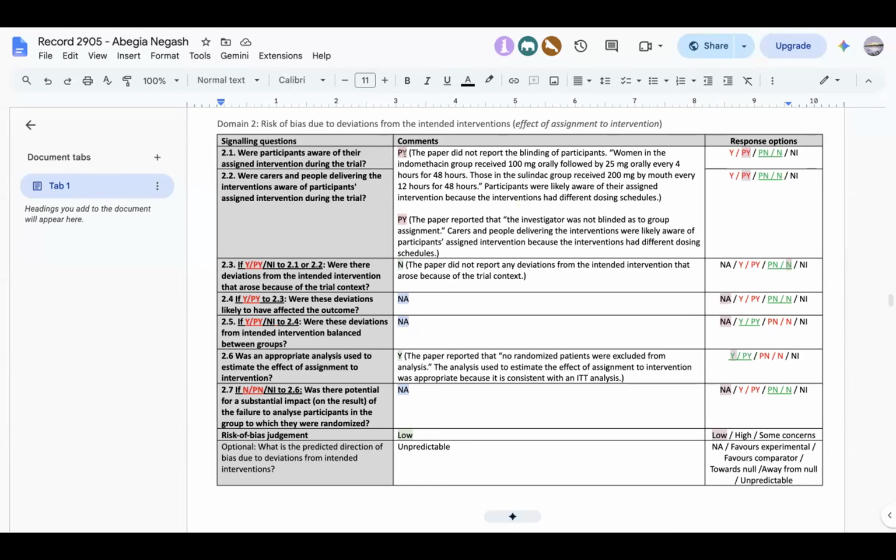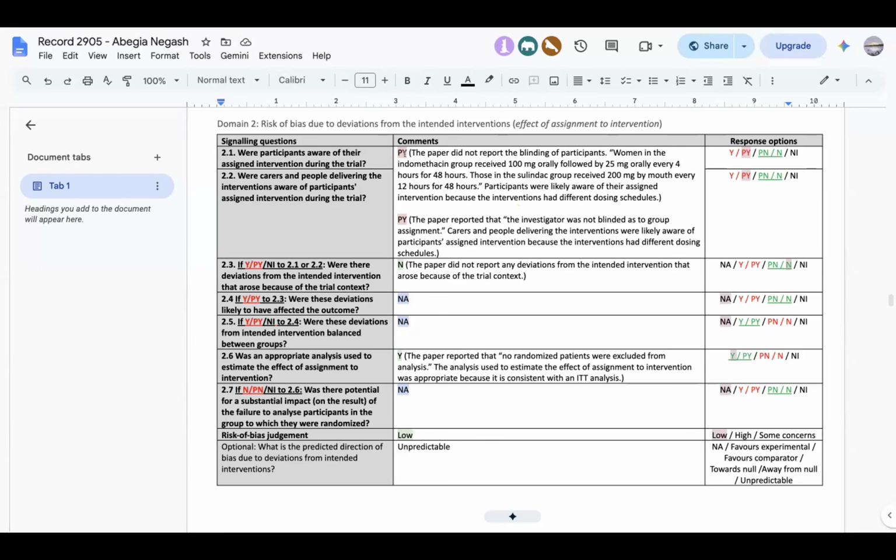For Critica, can you tell me why you said NI? I put that there were no specific non-protocol interventions, contamination, or co-intervention differences described. And since they didn't explicitly say that there were no deviations, I didn't want to assume that there were none, because I don't think the paper said that.